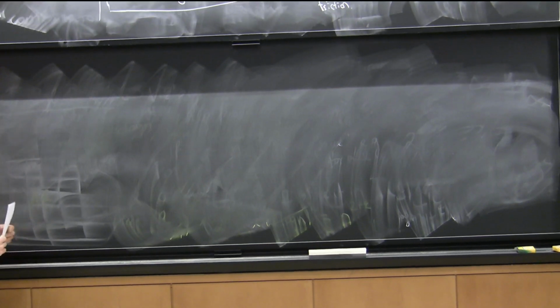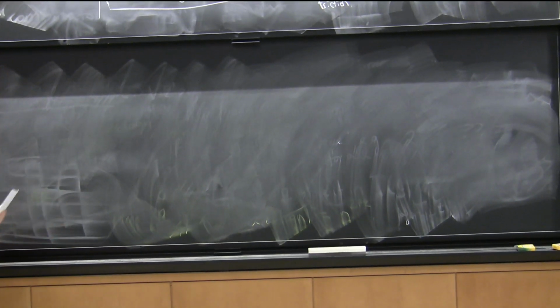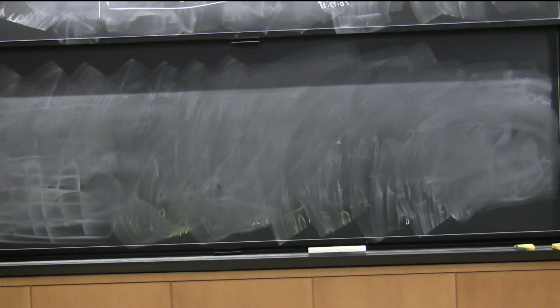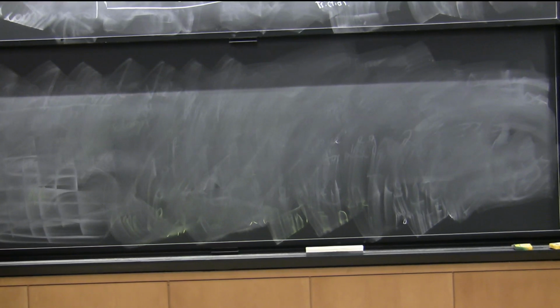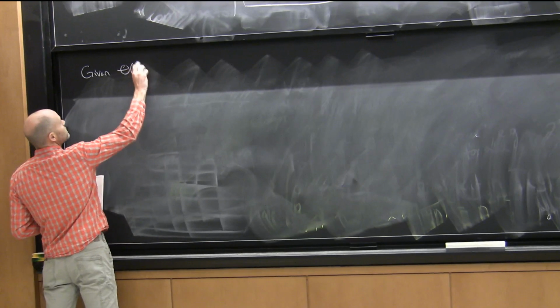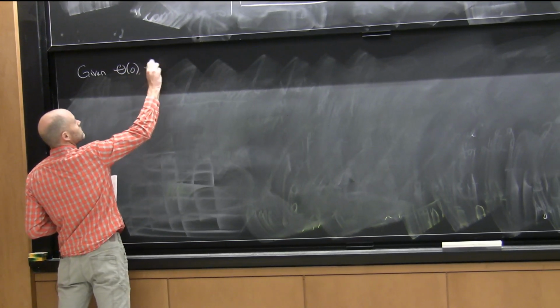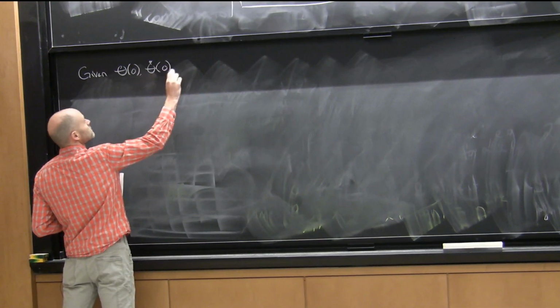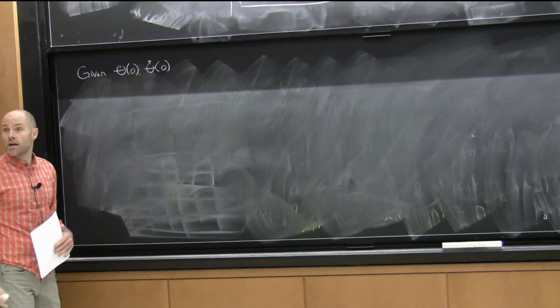Okay, so that's just a differential equation, right? This is the stuff of MIT 18.03 or whatever undergraduate differential equations course you've taken. So the standard recipe, if you're given a differential equation, would be, I'd say, given theta of 0 and theta dot of 0, those would be my initial conditions.